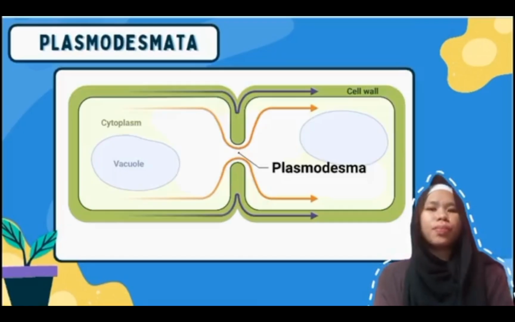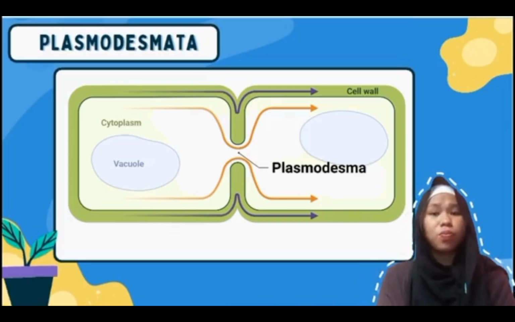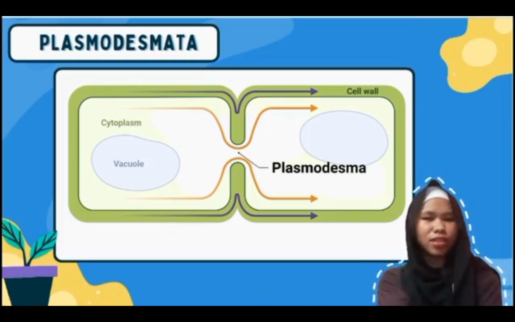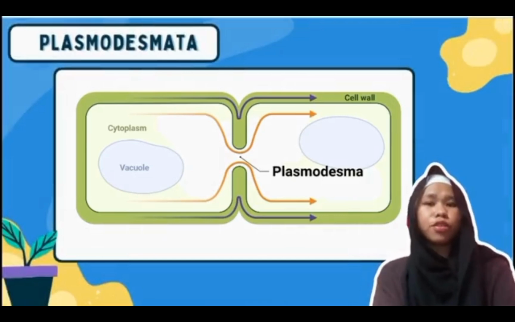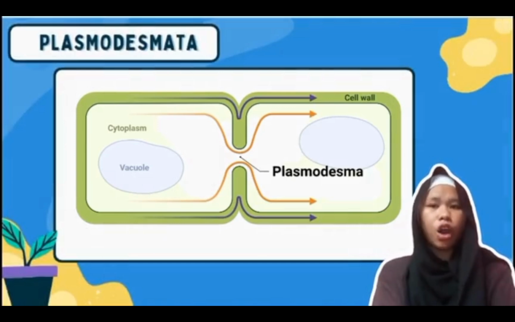So now let's talk about its structure. As you can see in the image, there are two adjacent plant cells connected by a plasmodesma. So let's break down the key components. As you can see, there's a cell wall. That's the outer layer of each plant cell, providing structural support.